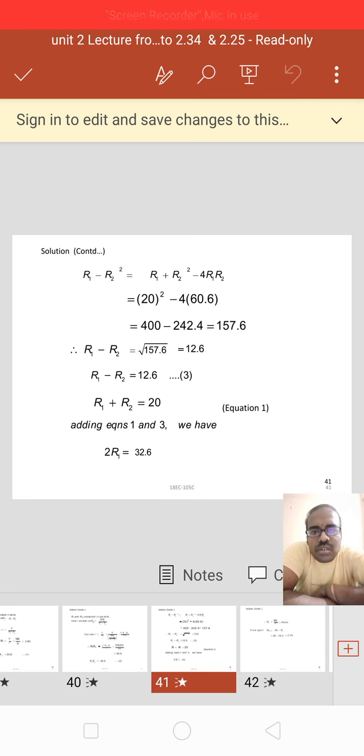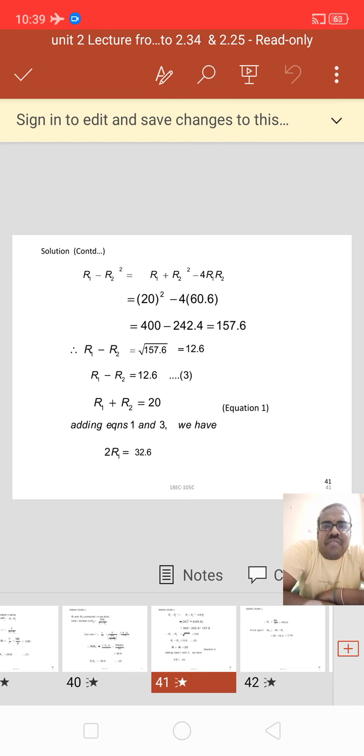Now we know that R1 minus R2 whole square equal to R1 square plus R2 square minus 4 into R1 R2, that is A minus B whole square equal to A square plus B square minus 4AB, that is 20 whole square minus 4 into 60.6. 400 minus 242.4, that equal 157.6. R1 minus R2 equal to root of 157.6, that equal to 12.6 ohms.